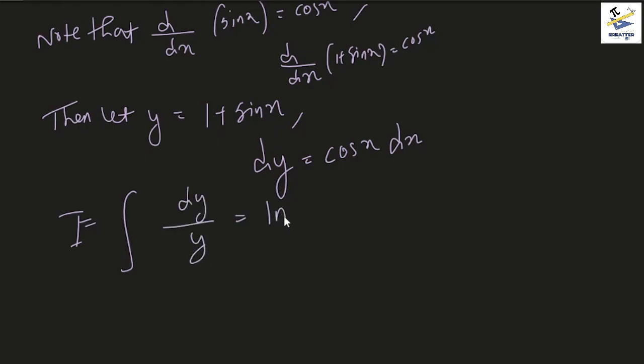This integral is evaluated as a natural logarithm, right? So ln of y plus c, and remember y is always positive, so it's rather a modulus. So the answer, by putting back the value of y, would be ln of 1 plus sin x plus c, which is the answer.